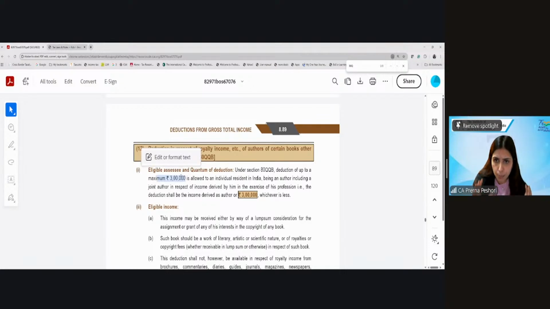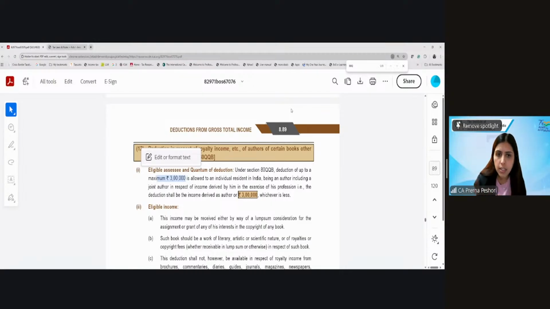So when authors of books receive income in the nature of royalty, they will be entitled to a deduction in respect of the income from royalty, or rupees 3 lakh, whichever is less. So this is a very, very simple deduction, only in respect of the income from royalty.